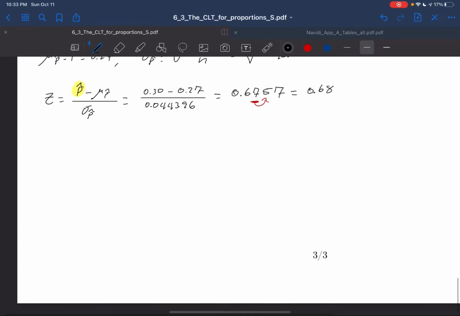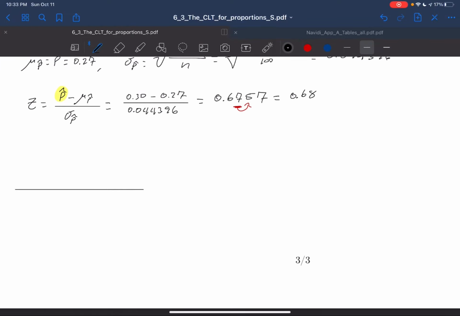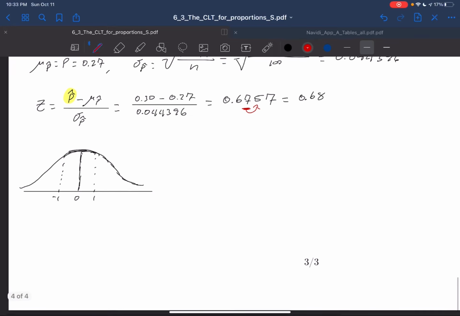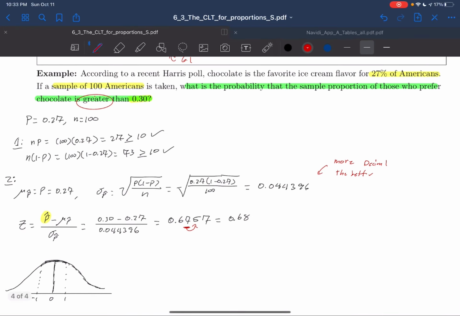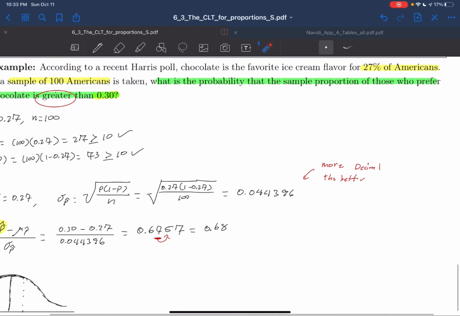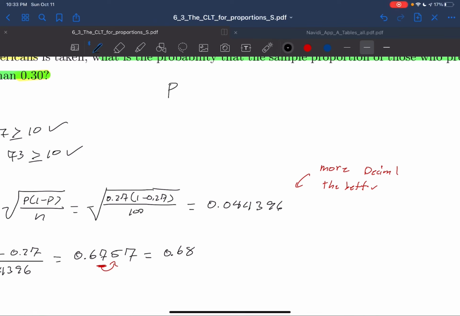Okay, now we want to draw our normal curve. This has a mean of 0 and standard deviation of 1. The goal is that we want to find greater than 0.30, so the probability that z is greater than 0.68.